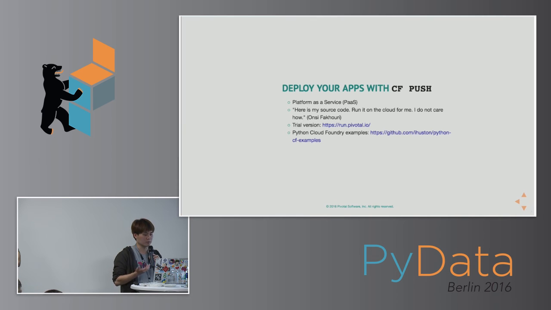It could be any code, it could be Java, it could be Scala. You just do CF push. You define your manifest, which is kind of an instruction, and then you do CF push, and this will push it to the cloud and will take care of everything for you. It will take care of load balancing, updating your code, security, and many things.